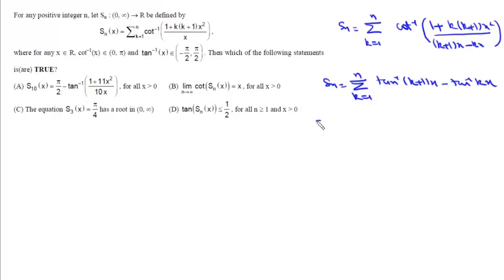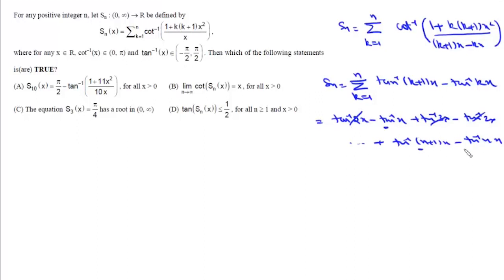Now we'll simplify this summation. When k is 1, it will be tan inverse 2x minus tan inverse x plus tan inverse 3x minus tan inverse 2x, and we'll continue up to tan inverse n plus 1x minus tan inverse of nx. Now these terms will cancel.